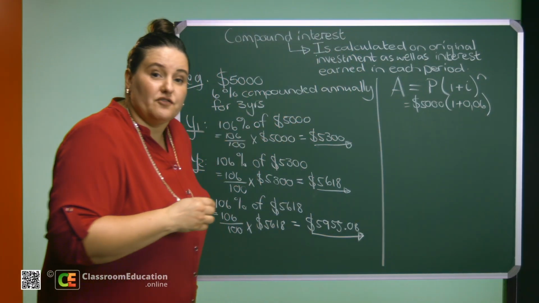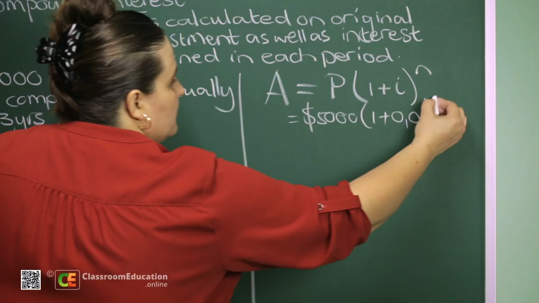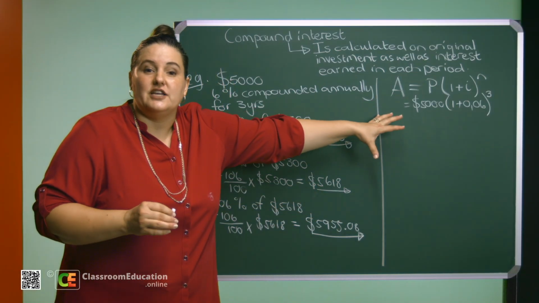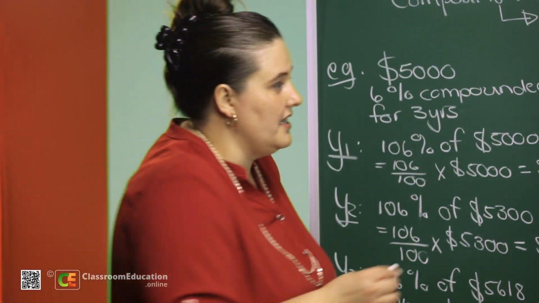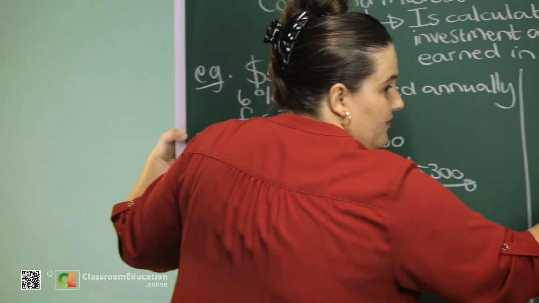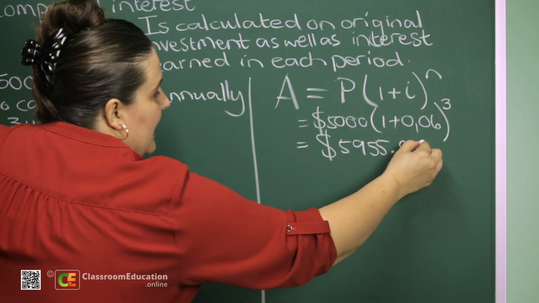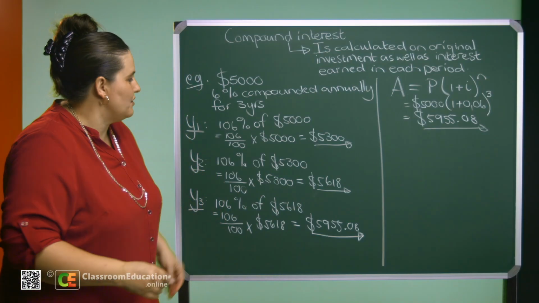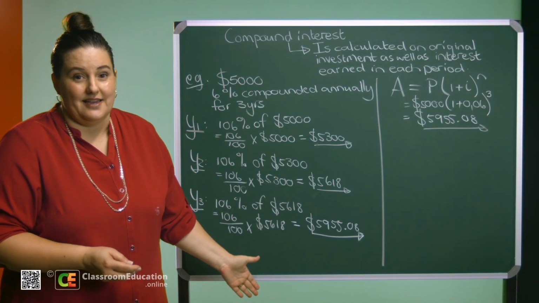And the amount of time periods, it's in 3 years' time. So it will be to the power of 3. And boys and girls, if you do this calculation on your calculator, you will see that you have an answer of $5,955.08. Exactly the same as the one we got when we did it year by year by year.